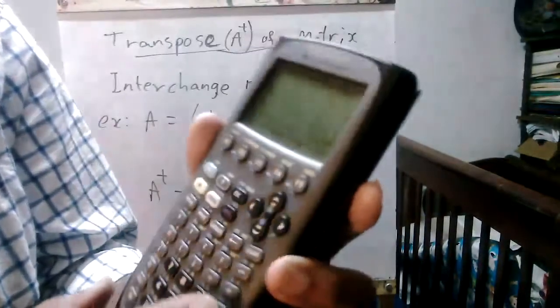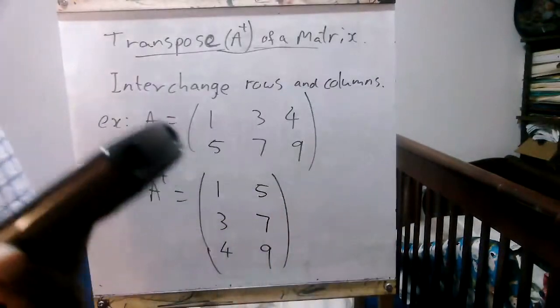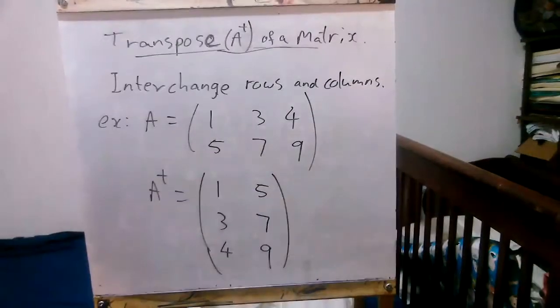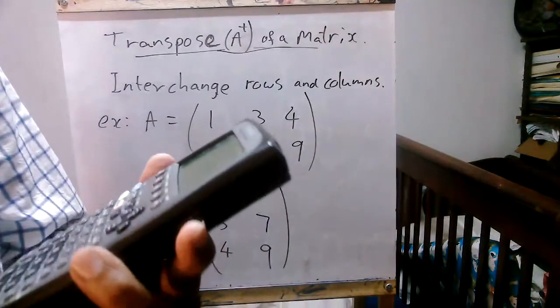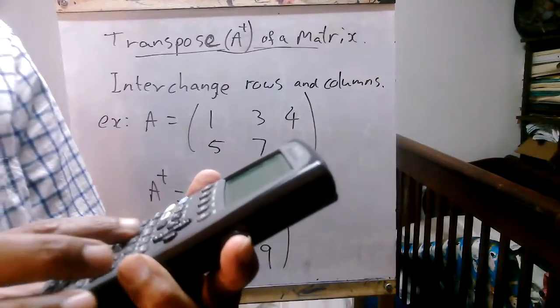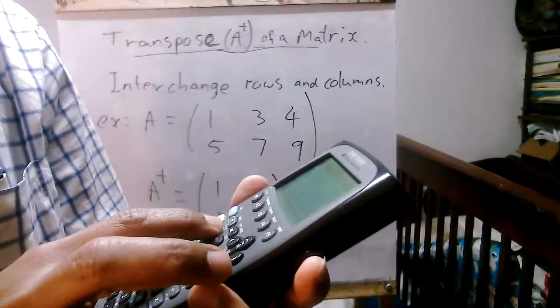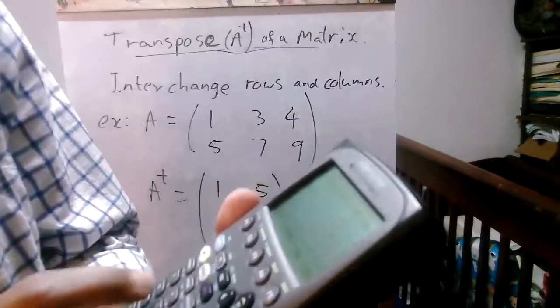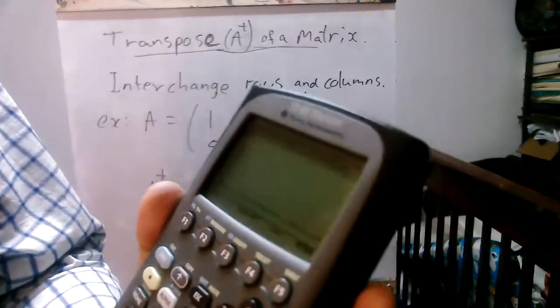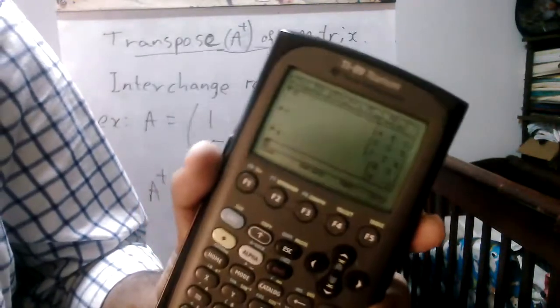Now if you want to multiply, what you learned today, I already entered 2 matrices. Okay, let me show you. I type A, matrix A. I don't know if you can see this.